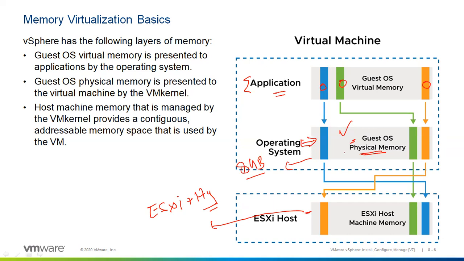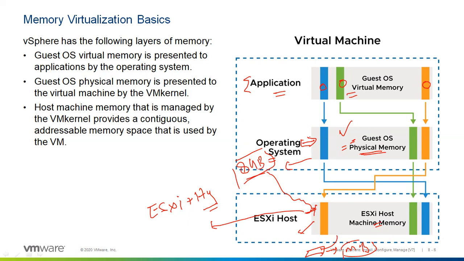This 8 GB is considered by the application as physical memory, but actually it is not physical memory. At the end of the day, this consumption is happening from this ESXi host, my physical ESXi host. Memory is coming from the physical memory bank that is available to my ESXi host.